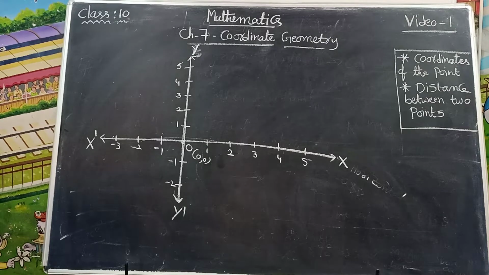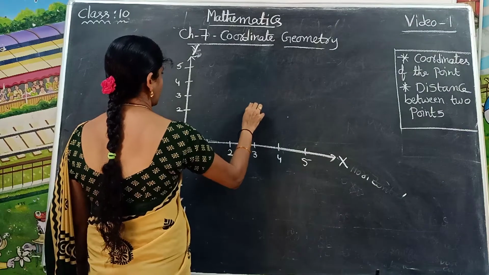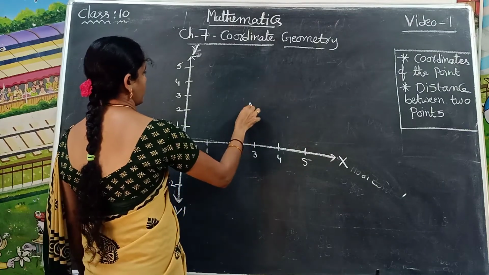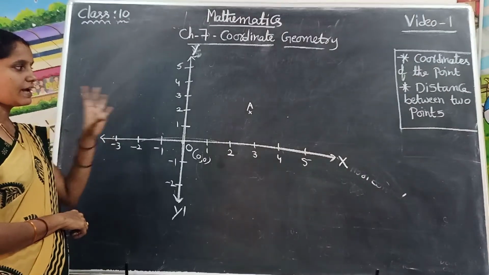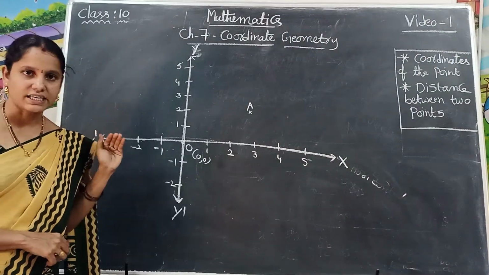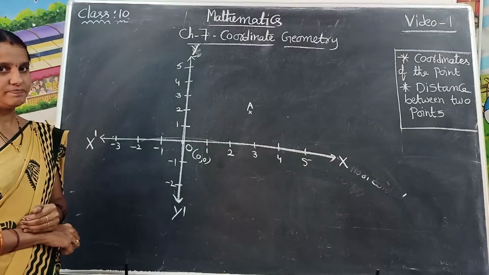Now suppose I represent here one point A. This is point A. So I kept one point on the Cartesian plane. Now I want to know the coordinates of the point.